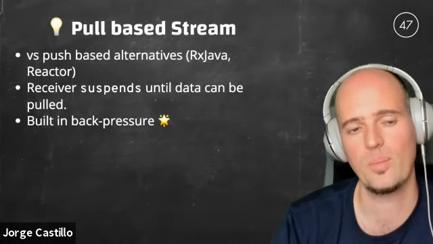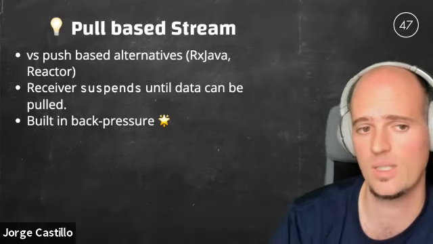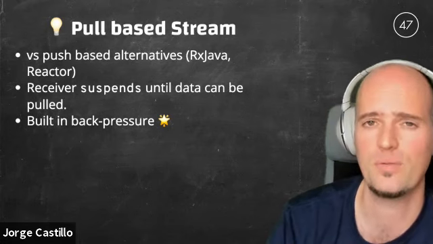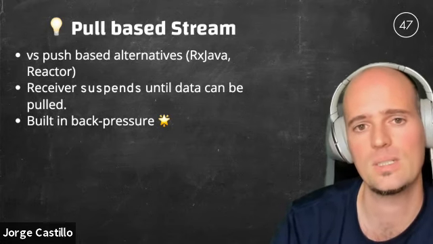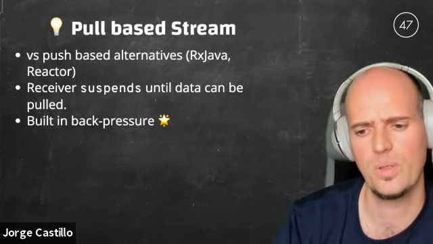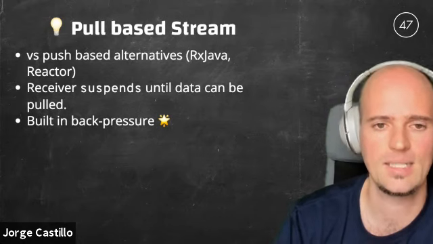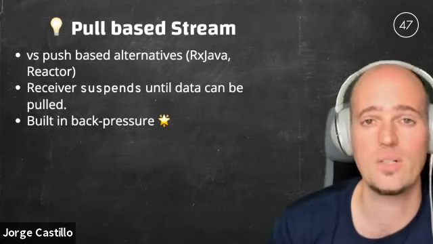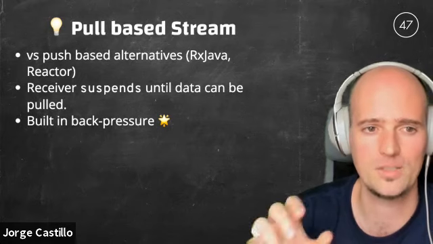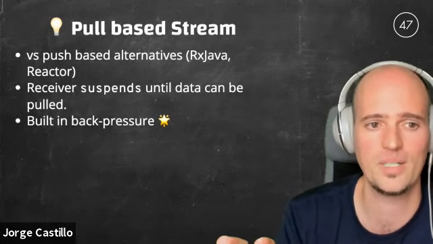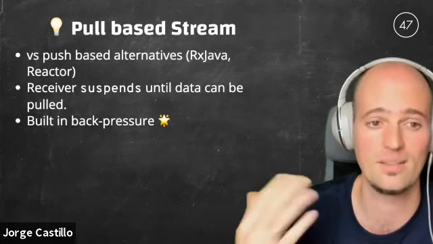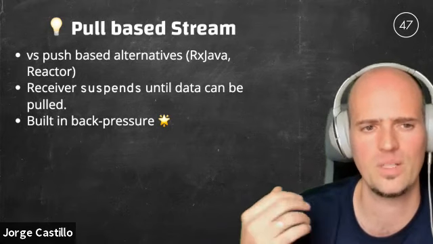So we are going to be providing functional streams with an implementation of the functional streams by Arrow Fx Coroutines. And those are going to be what we call pull-based, meaning that the receiver, the one that is pulling elements from the stream, whenever there are no more elements, is going to suspend itself, waiting until there's a new element.